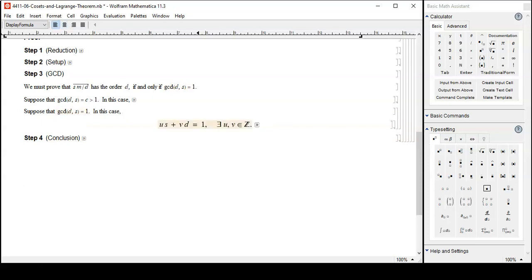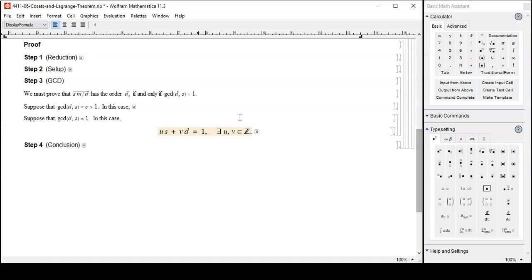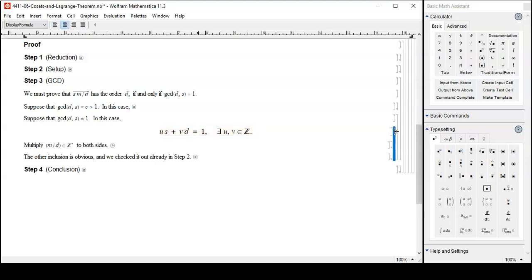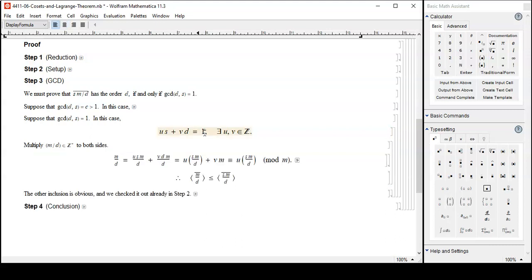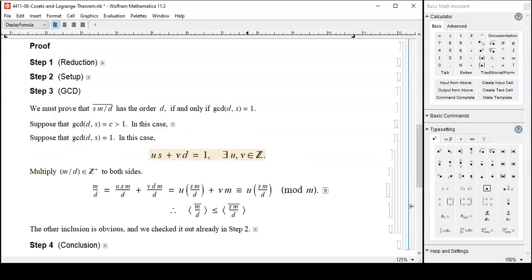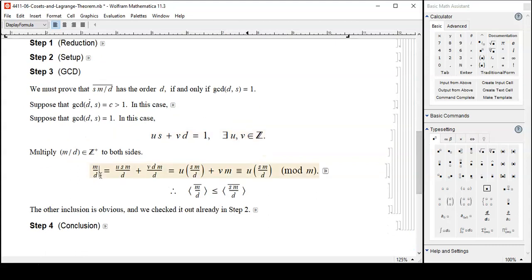Let's begin with linear combination expression. US plus VD is equal to 1, where U and V are integers, and then here multiply by m over d. So multiply by m over d times 1. Let me expand the font. So m over d times 1, and then US times m over d, VD times m over d, yeah, here and there, and then manipulate U times Sm over d, V times m, and V times m is congruent to 0 modulo m.